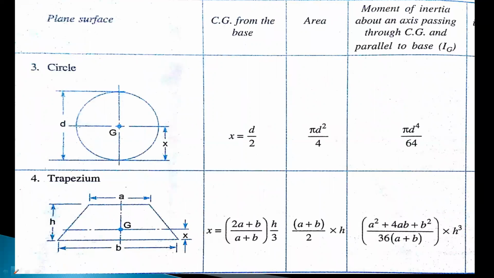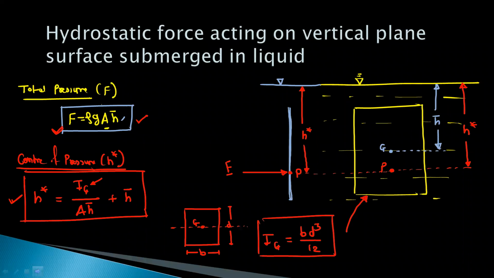Then for the circle, we have pi d square by 4. Sorry, this is the area, and pi d raised to 4 upon 64 is the center of gravity moment of inertia, which is the Ig value. This is for trapezium. Okay. So these are some standard formulae that we will use when we solve the problem.